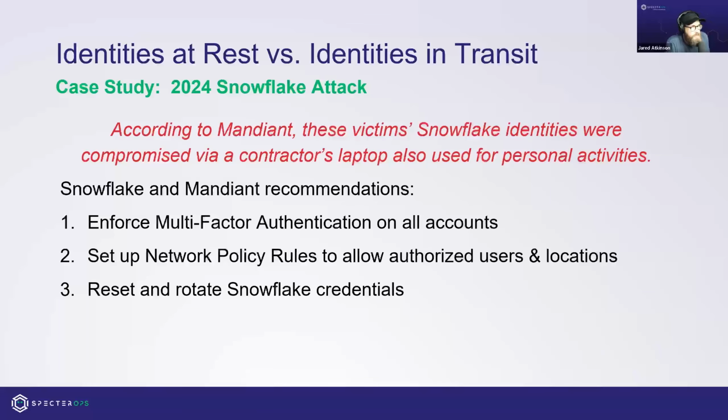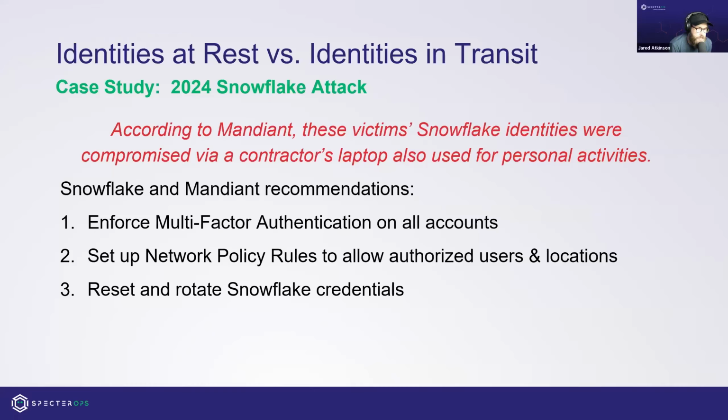We have a case study that we could look into, which is that in 2024 there was this attack on Snowflake. We'll talk about OpenGraph. I created an OpenGraph extension to look at the access control model of Snowflake as a result of this incident, right? And so what they found is that there was a contractor who was acting as an administrator for several different organizations in their Snowflake tenant.